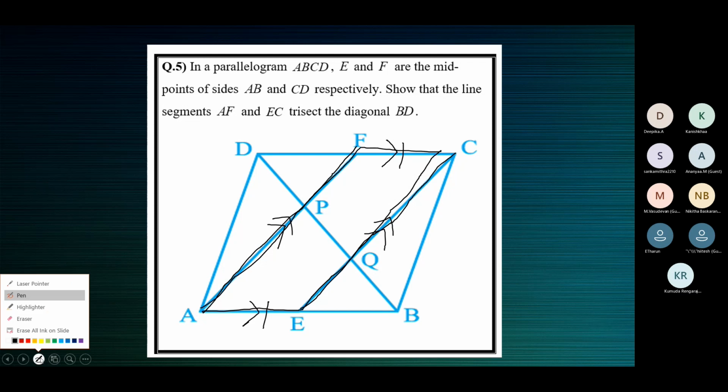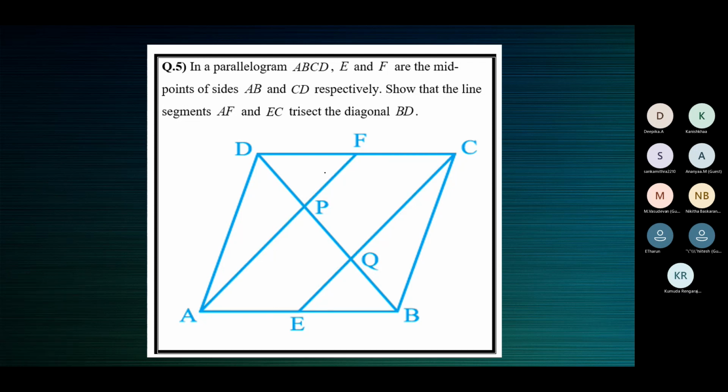Now, what is this? A part of AF. And what is this? A part of EC. Are they parallel? This one is a part of AF, and this one is a part of the opposite side EC.